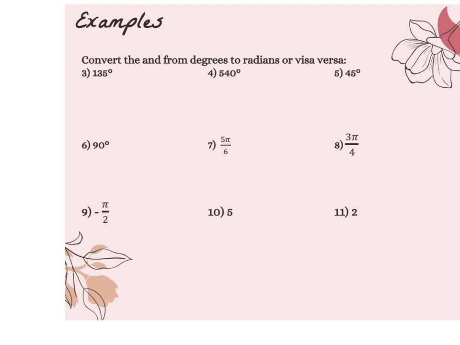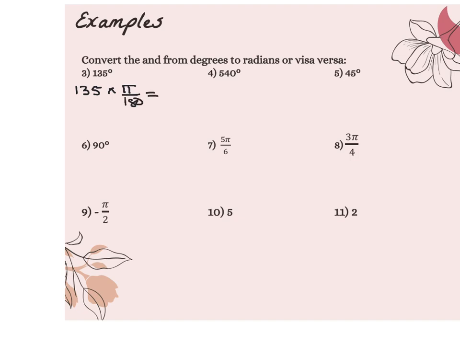So all of these, we're going to convert the angle from degrees to radians or vice versa. So the first 4 examples, they're given to us in degrees. So remember, the conversion to go from degrees to radians is I'm going to multiply the degree measure, theta, by pi over 180.